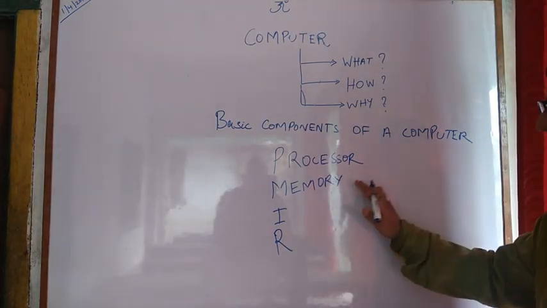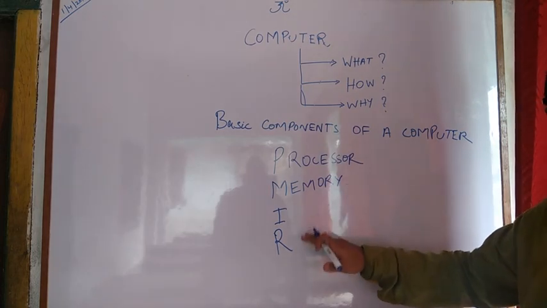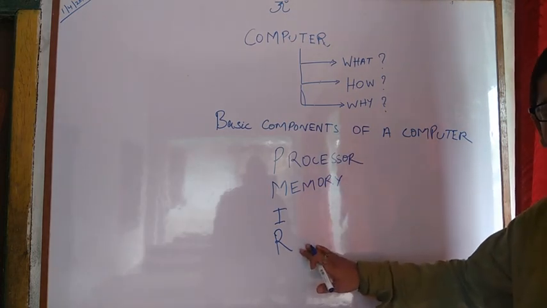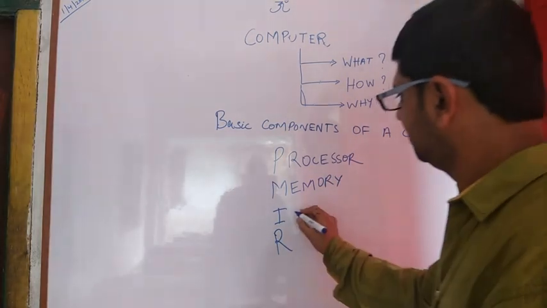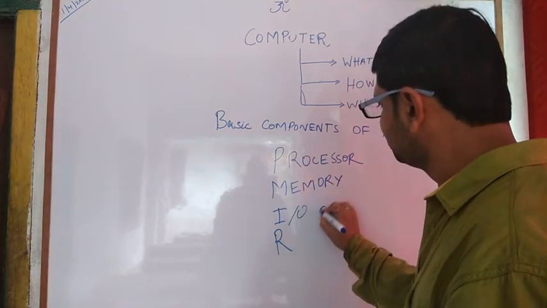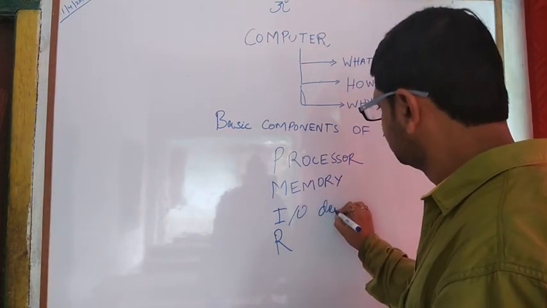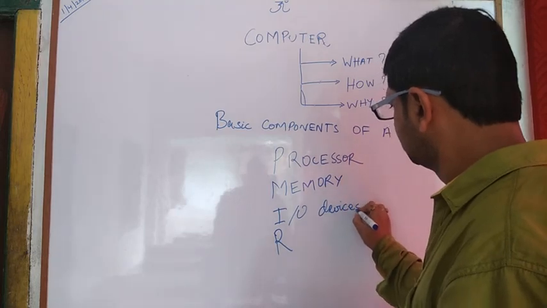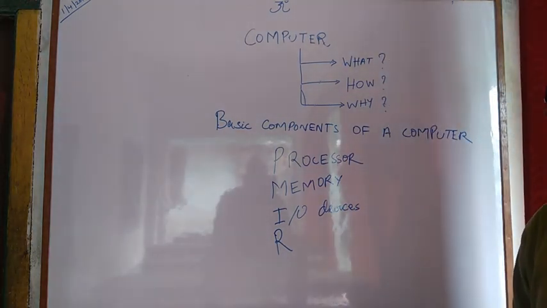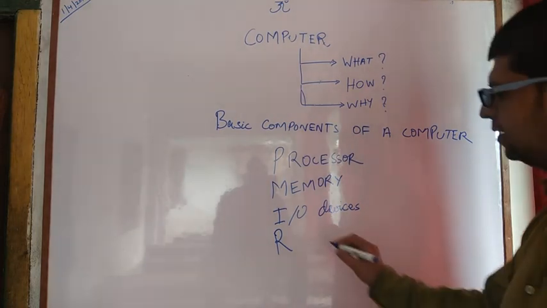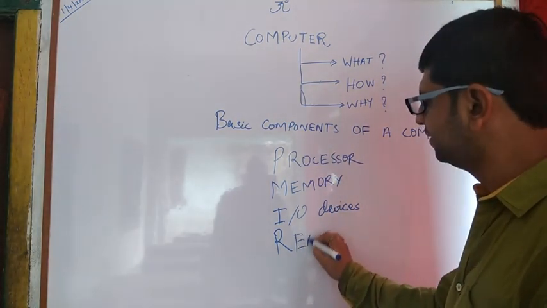Processor, memory. Can you guess the two other parts? Yes, very good. I/O devices. And the next part is read and write.